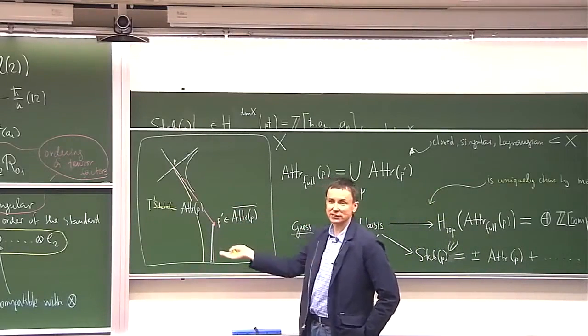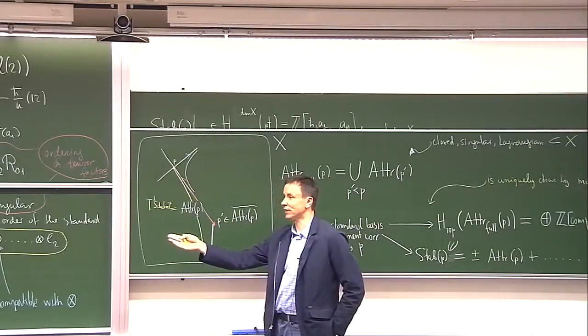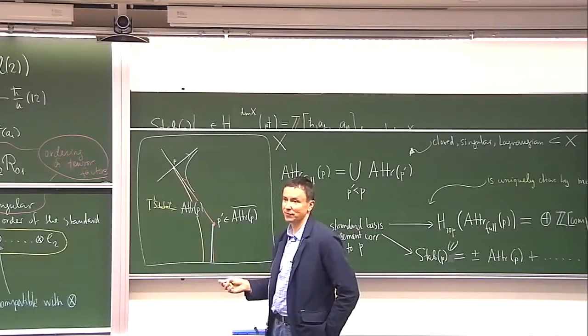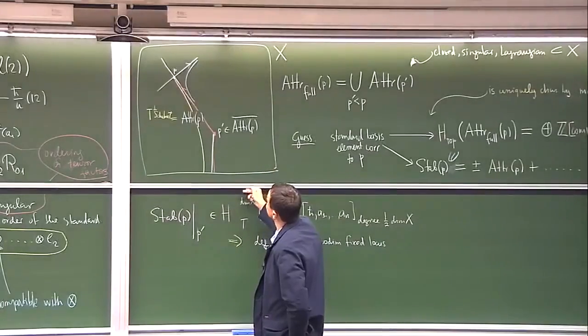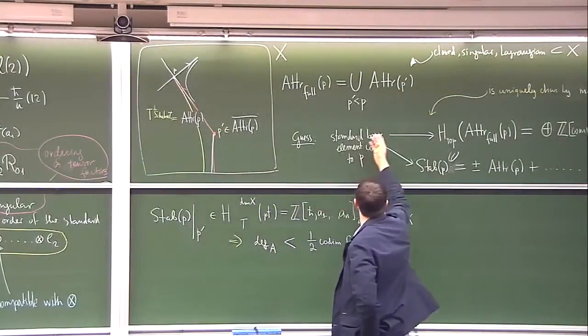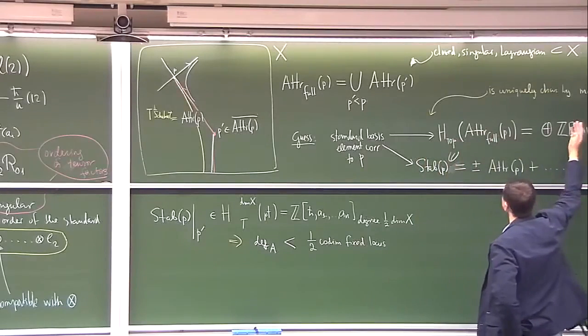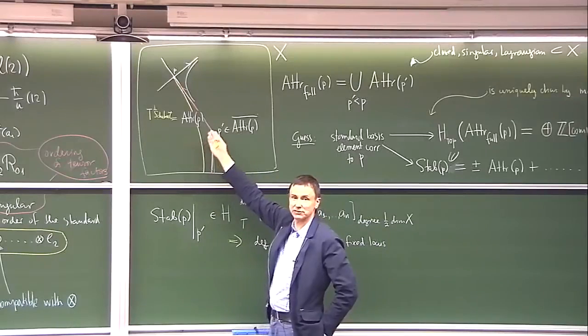You can just close the cycle. I have a cycle in the generic fiber of the family. You close it and you get a cycle in the middle. And that cycle, you can check that it's a Lagrangian cycle supported here, and that cycle will be divisible by h bar because its restriction to any point other than p will be divisible by h bar.